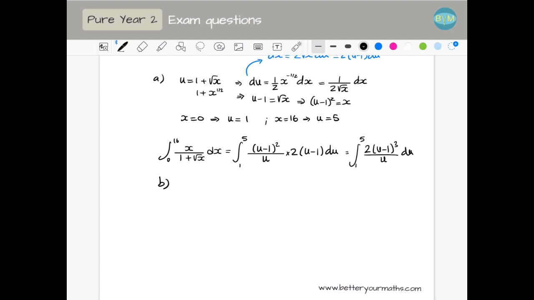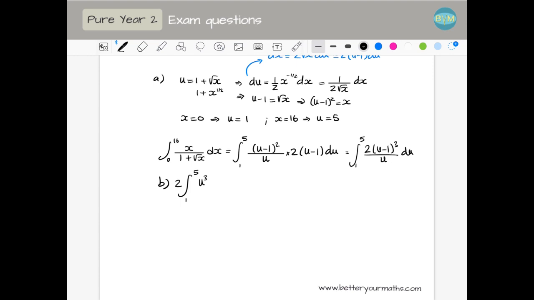We have to integrate this one divided by u. So this is a very low degree binomial. We can easily expand it, and then divide by u. So I'm going to do that. I'm going to get the 2 outside so it doesn't interfere. And then I'm going to expand the binomial.